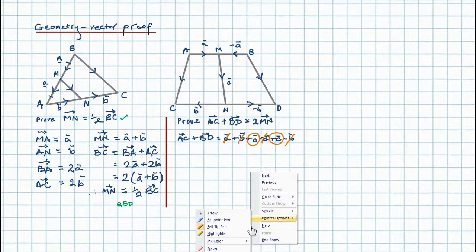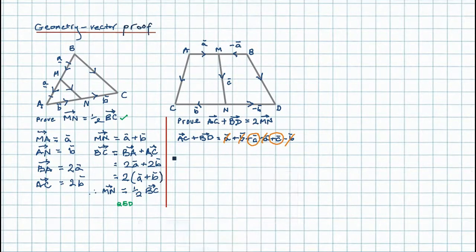So we're nearly done. A little bit of cancelling there. Some very straightforward algebra. And what we've shown is that A to C plus B to D is equal to 2C. Well, C is M to N, so equals 2MN.